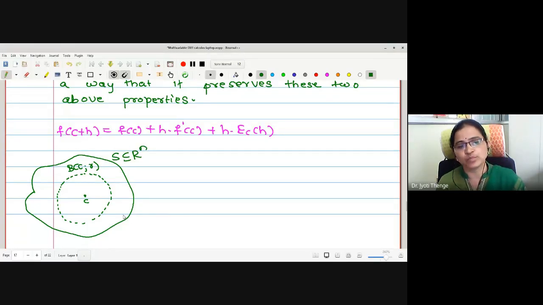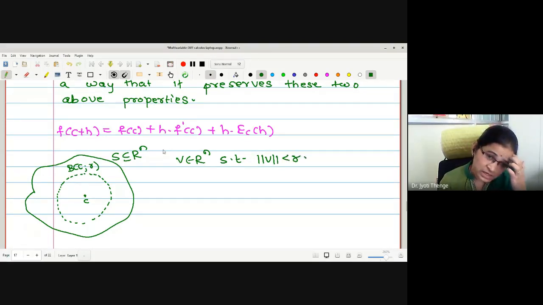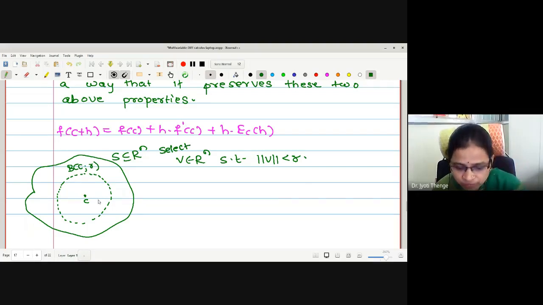Now we have to select another point, say v in R^n, such that norm v is less than r. What will happen if norm v is less than r? This v will lie somewhere inside the ball itself. So this is the point c plus v.